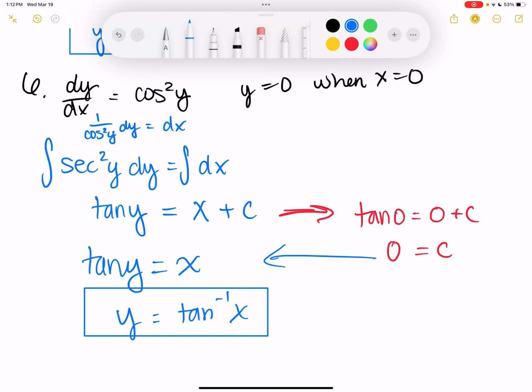So would it also be from negative... No, that wouldn't be. Everywhere? All real numbers.